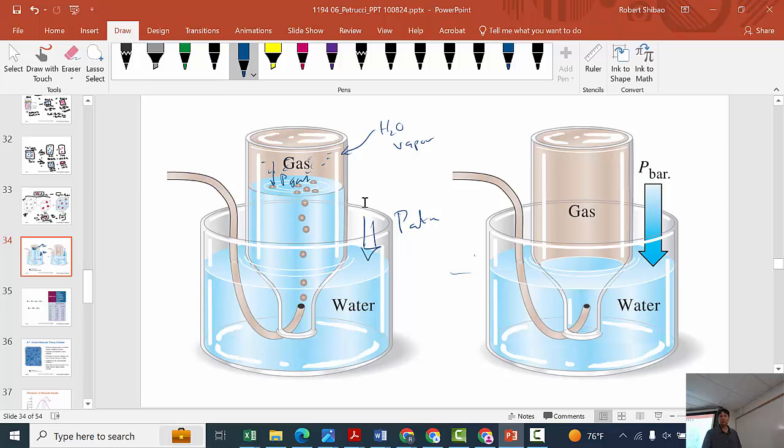And so if these two levels are even, do you remember doing this in the lab? This is called equalizing pressures. We can equalize pressures here by getting the two liquid levels the same, such that the pressure of the gas is equal to the pressure of the atmosphere, the barometric pressure.